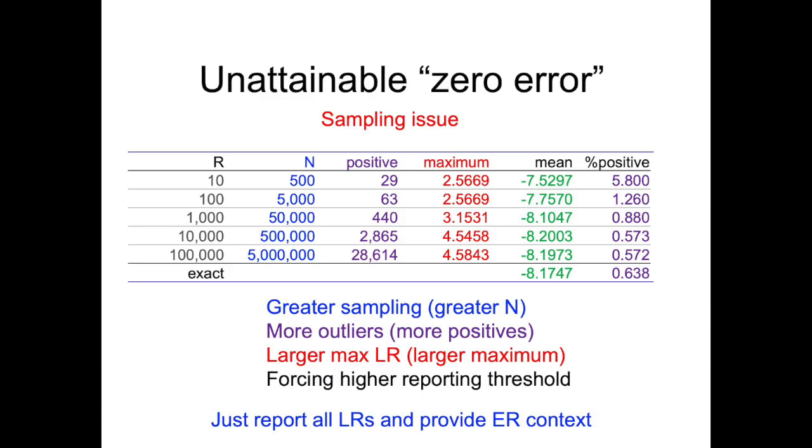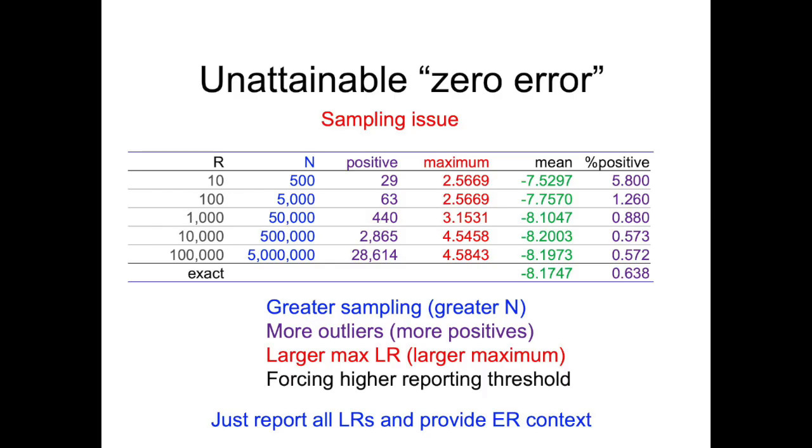We have 10 samples and 5 extracted genotype, inferred genotypes. So N goes from 500 to 5 million of the number of comparisons. And then purple shows how many were positive.